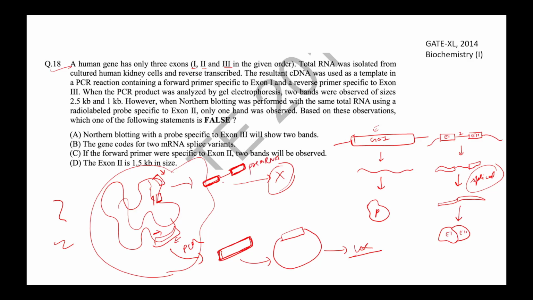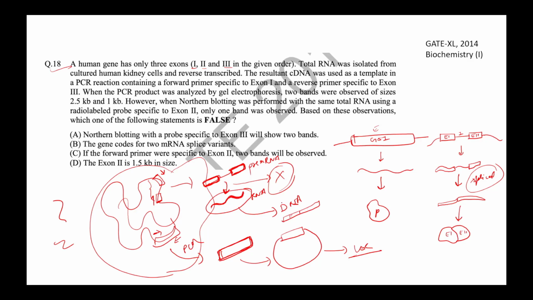When this pre-mRNA makes the spliced mRNA, you can take this RNA portion and convert it from RNA to DNA, which now contains the exons only, not the intron.